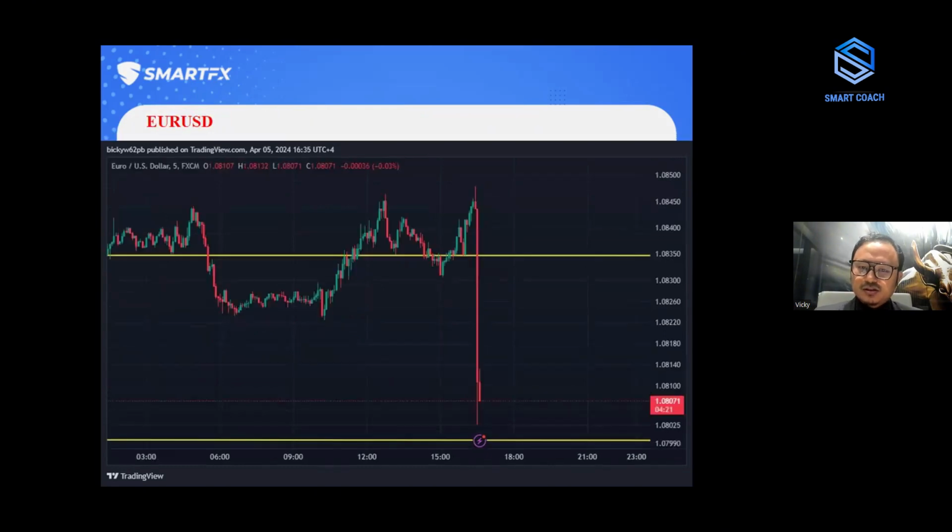Let's see another one, EUR/USD. Same date, NFP data release, around 43 pips. I'm talking about 43 pips, not 14, not 15, it's 43 pips. This is something you get to witness during the NFP.